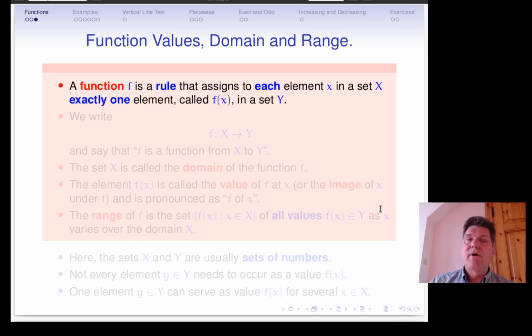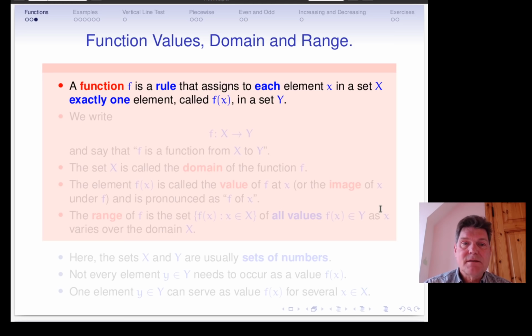We define a function as a rule that assigns to each element x in a set capital X exactly one element, called f of x, in a set capital Y. That is, a function is built on two sets, a set X of inputs and a set Y of outputs, and it acts as a rule or a machine that takes an element little x from the set X and turns it into an element y of the set Y, which is called f of x.